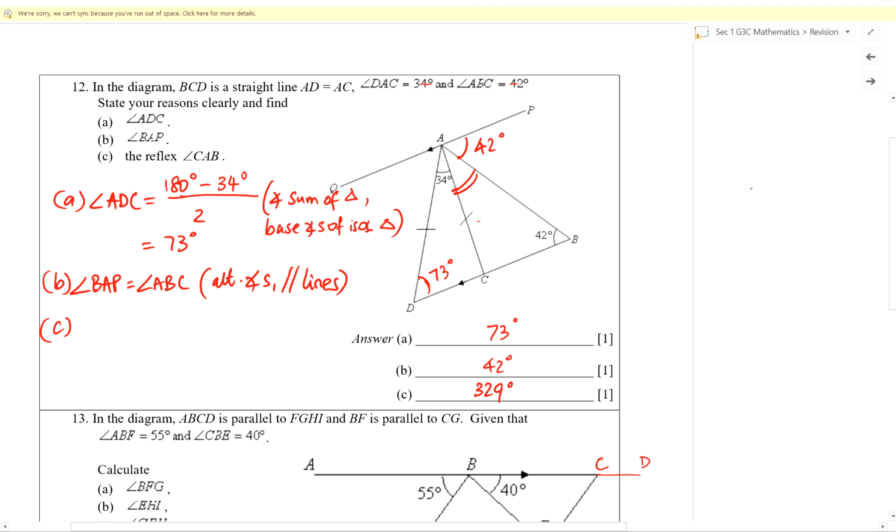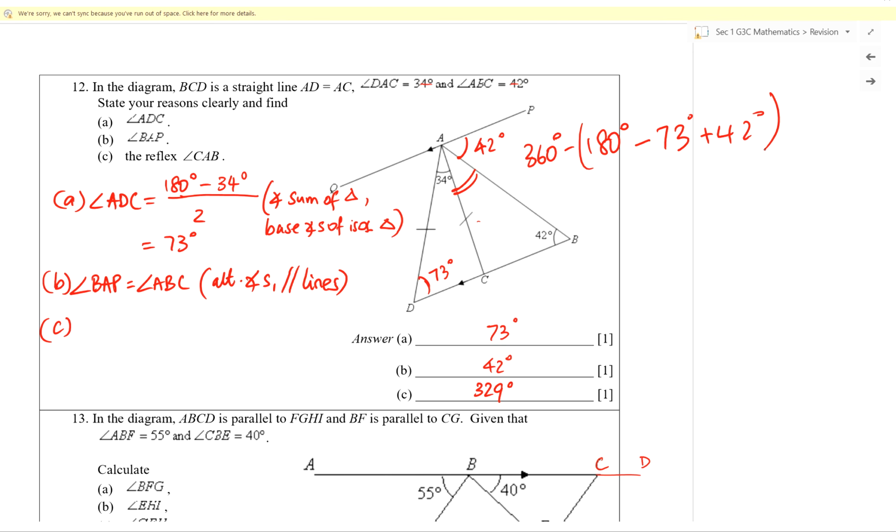180 minus what? 180 minus 73 plus 42. Like this? 360 minus like this? A bracket this part? Why? So, question, where did 360 come from? Angles at a point.